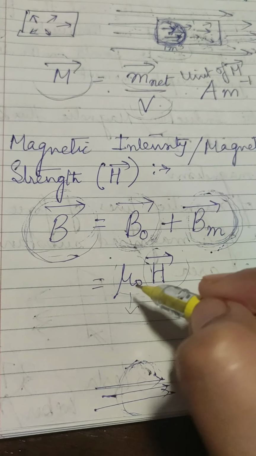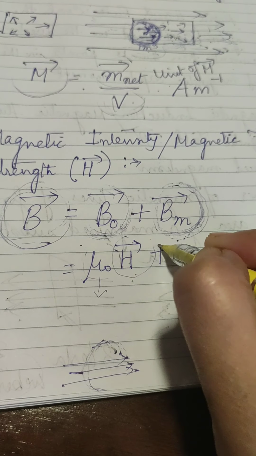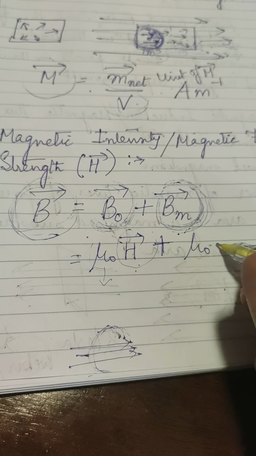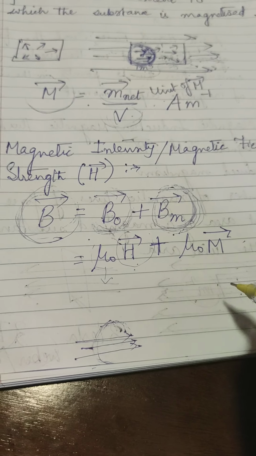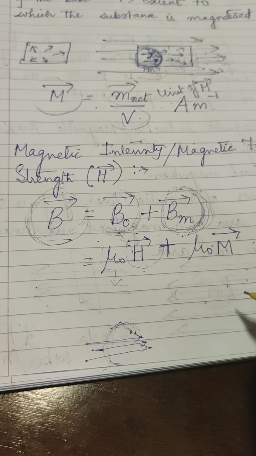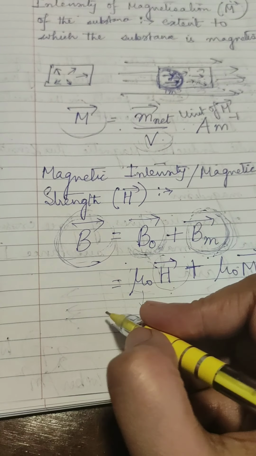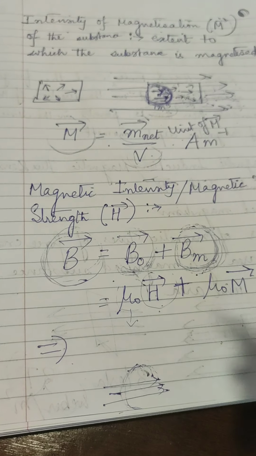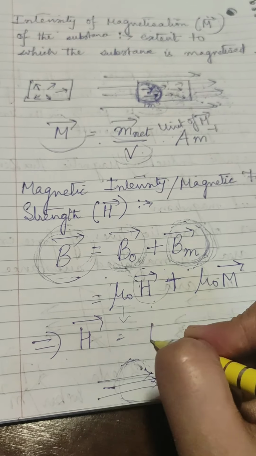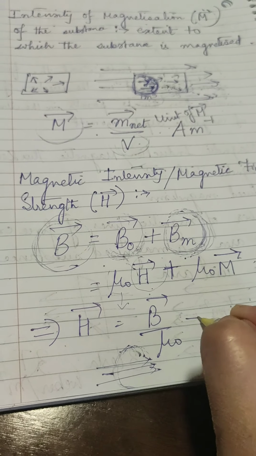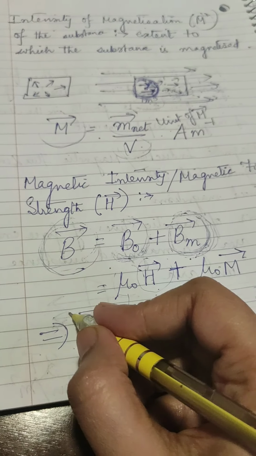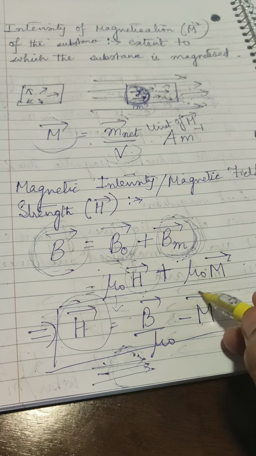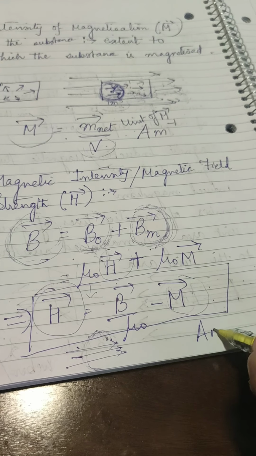Okay, so B naught is mu naught H, and B M, the magnetic field due to magnetization of the substance, is mu naught M. So from here, you can write H equal to B by mu naught minus M. H is also a vector quantity, and the unit of H is the same as that of M, ampere per meter.